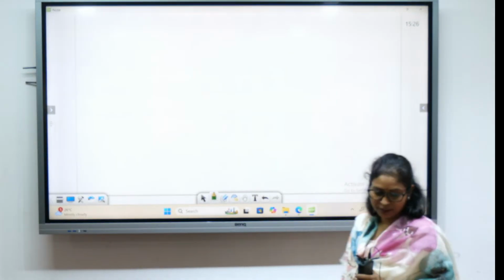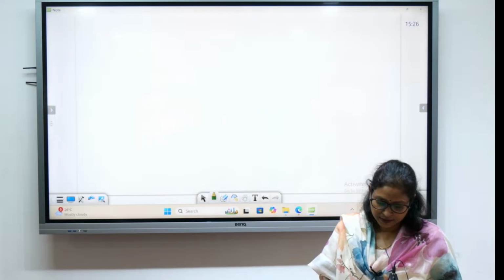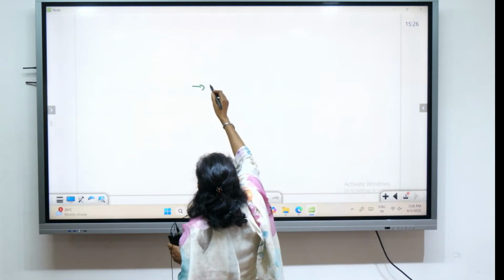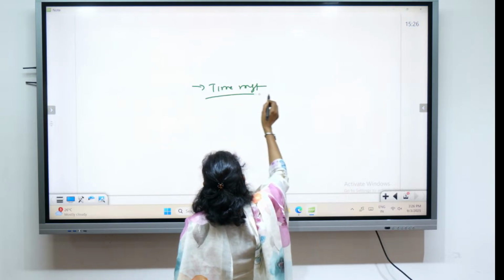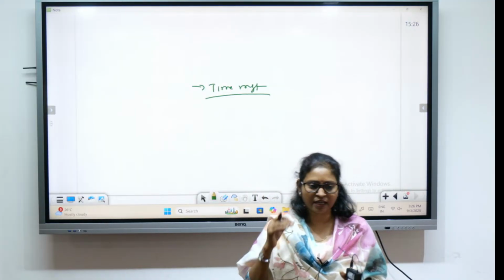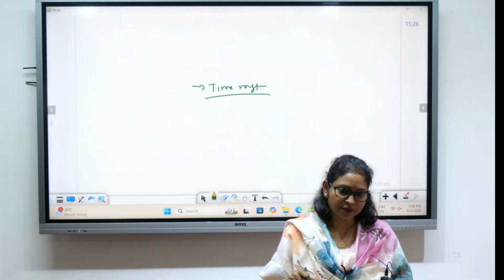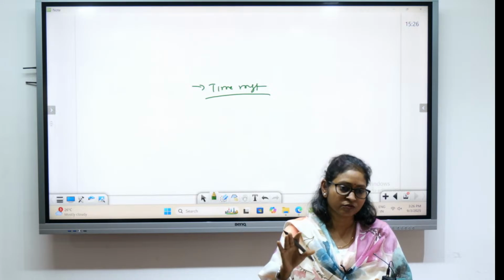Now the next aspect. Structuring we have seen. Then another very important aspect is your time management. This is one of the most crucial aspects. We can write a fantastic answer, but if you are not able to complete the paper, most of our effort goes in vain.